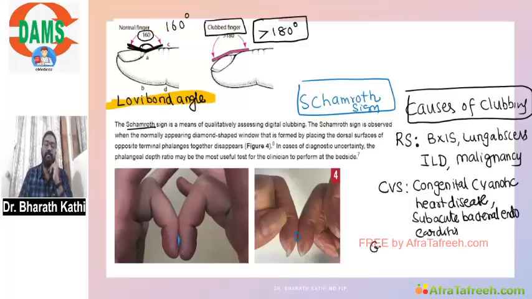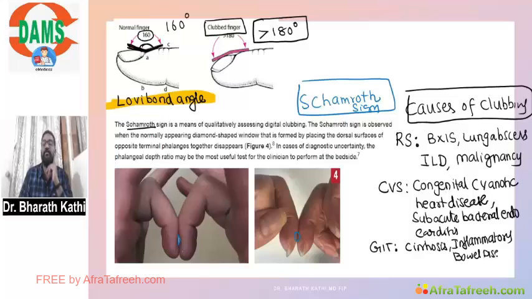Whereas GIT causes: cirrhosis of liver and inflammatory bowel diseases, IBDs. So what are the IBDs that you know? Crohn's disease, ulcerative colitis. Then last we have endocrine causes, especially thyrotoxicosis.